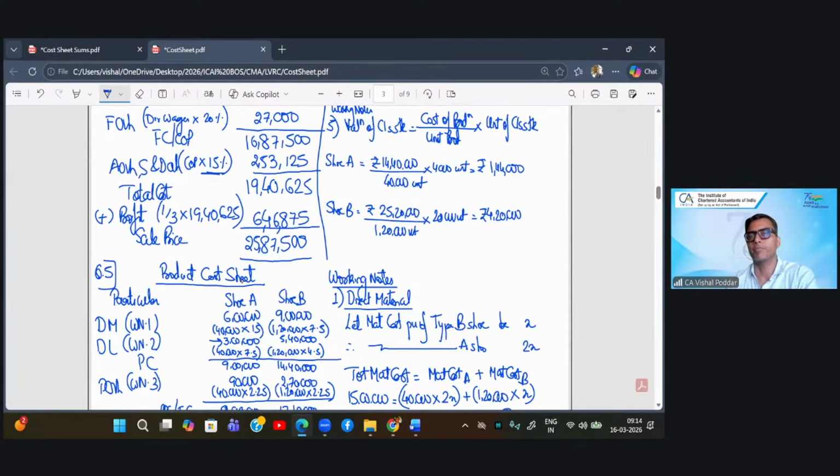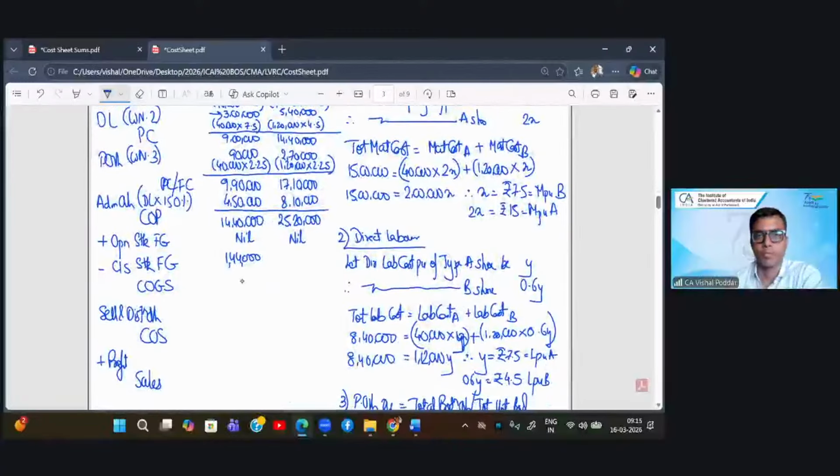So 420. Correct. Now in the working, we have to subtract, because closing stock is to be subtracted. So how much am I left with? It is 1296. And this is 21 lakhs.